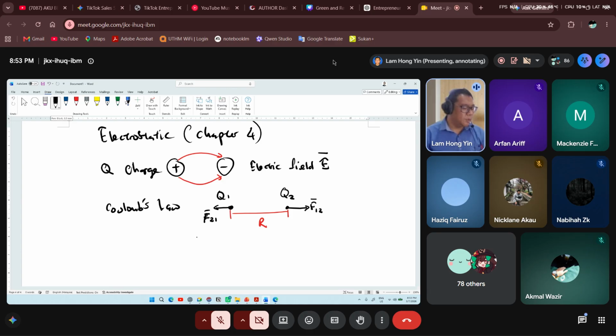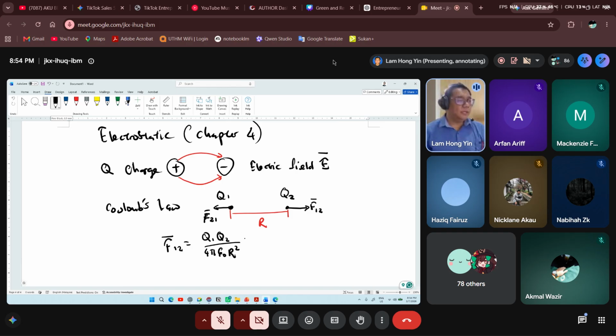And this is what we call Coulomb's law. In order to identify how much the force is, using Coulomb's law, we have Q1 Q2, which is the magnitude between the two forces, divided by 4 pi epsilon naught R squared.